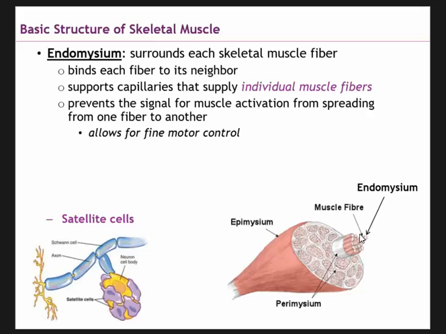And then next, this layer contains an important type of cells. These cells actually exist in between the endomysium and the sarcolemma. They lie underneath the endomysium, and they aid in repair and growth of muscle cells. So satellite cells are stem cells.